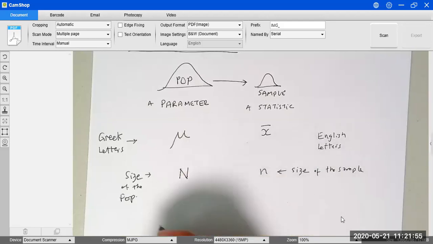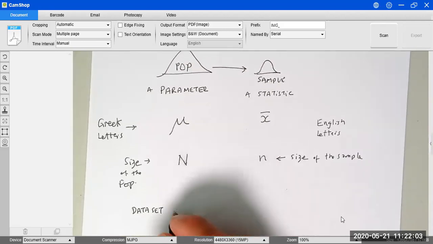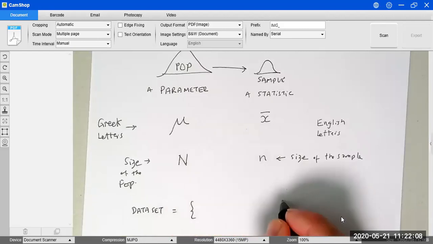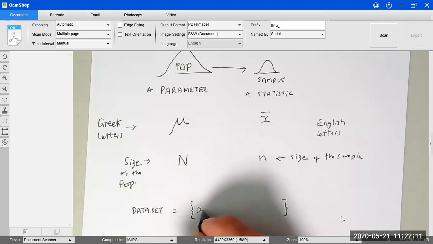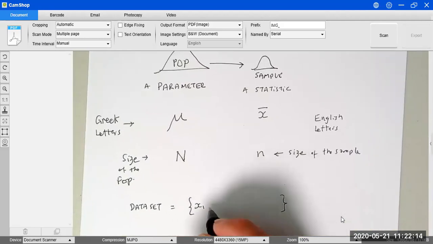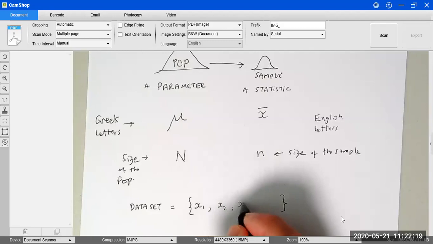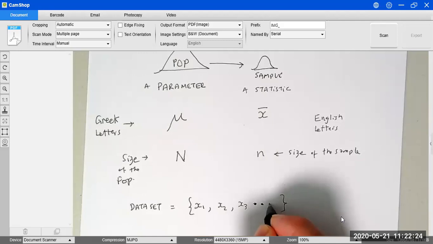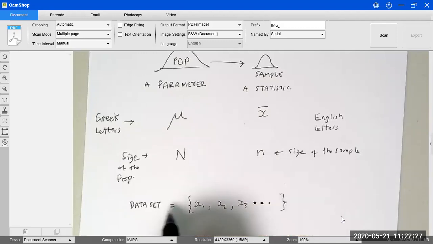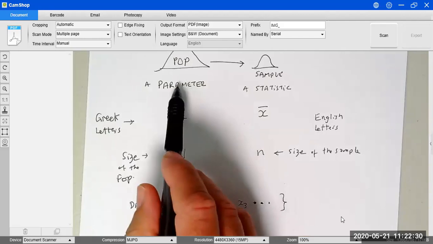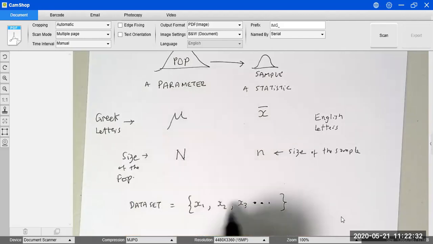So we're going to have a data set consisting of values, and you're going to indicate any value with a variable letter and a subscript, so x1, x2, x3, and so on. Depending on whether those values are coming from my population, you're going to use capital N for the total number of values.